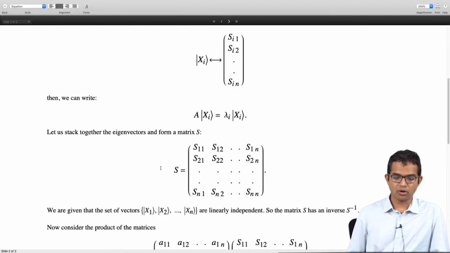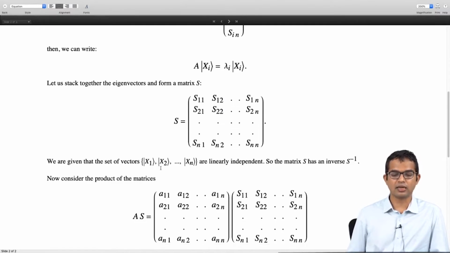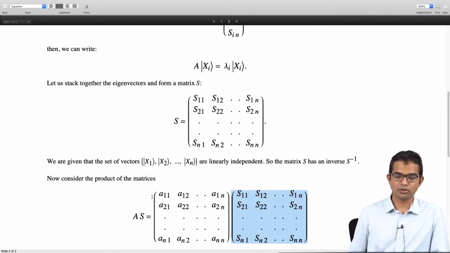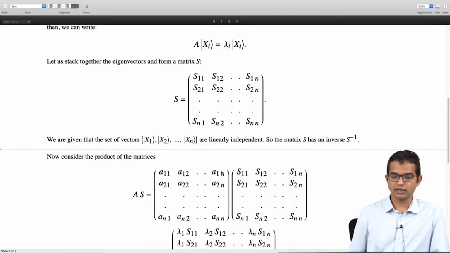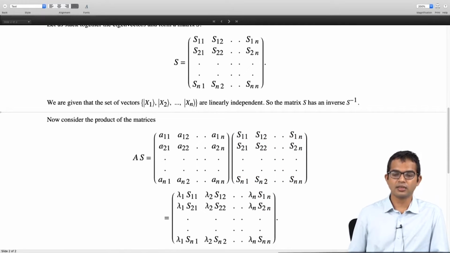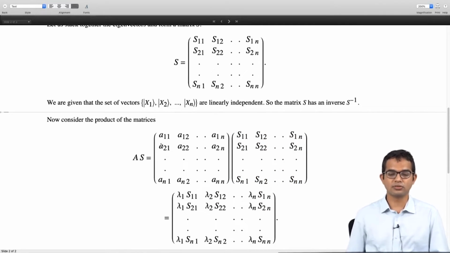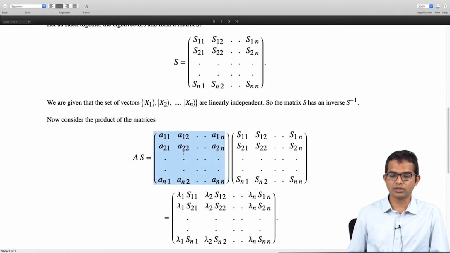Now the product of these matrices, A times S, is important. There is this matrix A, which is what we started with, and then we just stack together all its n linearly independent eigenvectors and form the matrix S. We can look at the product of these two matrices, and we can work it out in a straightforward way.